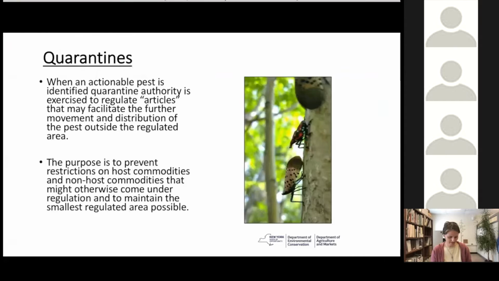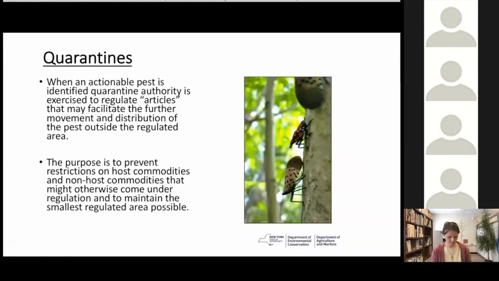So quarantines, one of the things I really want to stress for folks, people get a little alarmed when we start talking about quarantines and what quarantines are. Quarantines, when we talk about plant pests, is not a complete shutdown of products moving out of that area that's designated as being quarantined. There are allowed movements out of the quarantine. What we do is we identify what are considered regulated articles.